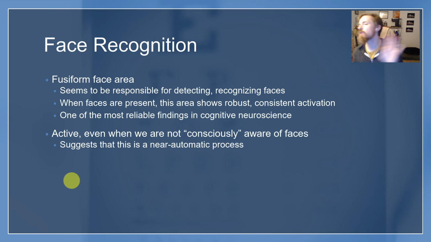What she did is she found that people who were experts in another visual domain also had that area light up whenever they saw instances of that thing that they're experts in.